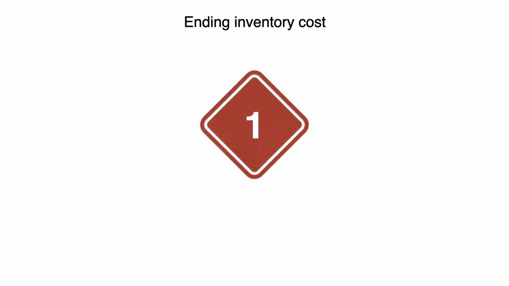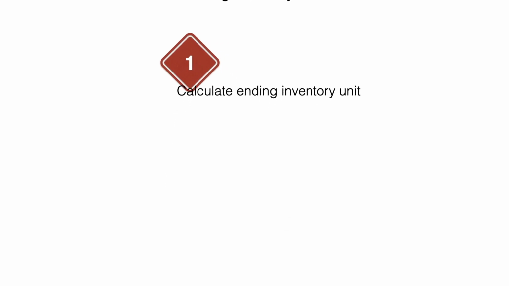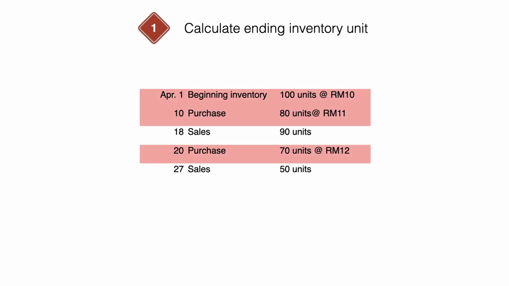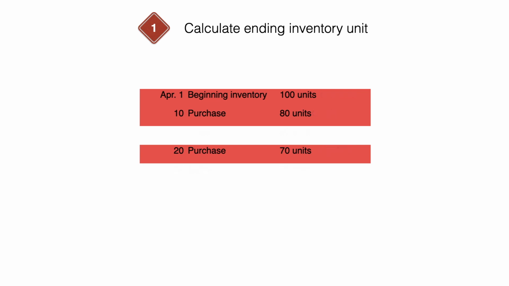The first step is to calculate the ending inventory units. How do we calculate it? We start by adding the beginning inventory and all the purchases in the transactions given. For this question, the total of beginning inventory plus all the purchases is 250 units.